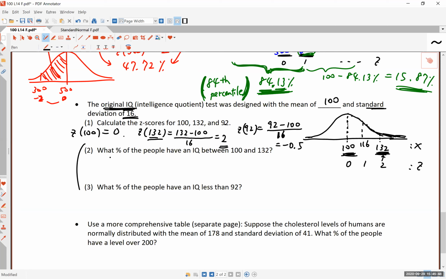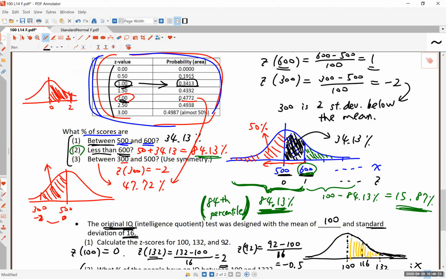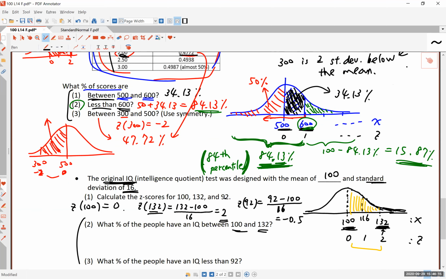All right, number 2, what percent of people have an IQ between 100 and 132? In this picture, that's all those people between 100 and 132, which is between 0 and 2 on the Z scale. If you look at 2 standard deviations, remember this, that was 4772.